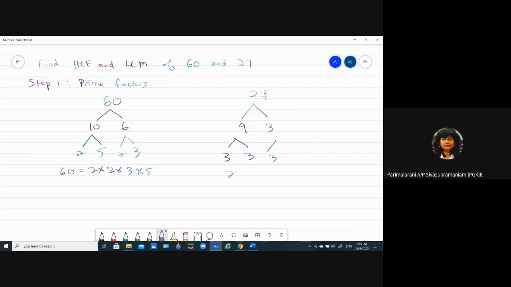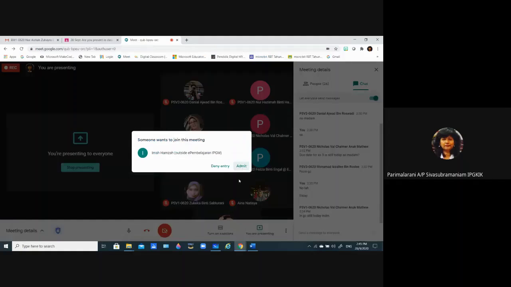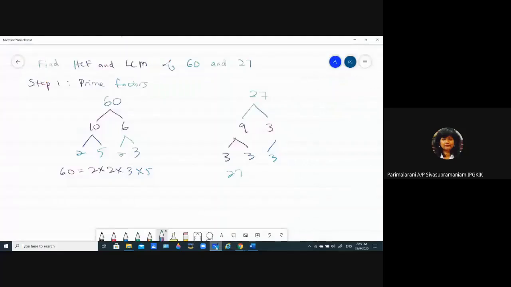So 27 is equal to 3 multiplied by 3 multiplied by 3. So we already have our prime factors here.